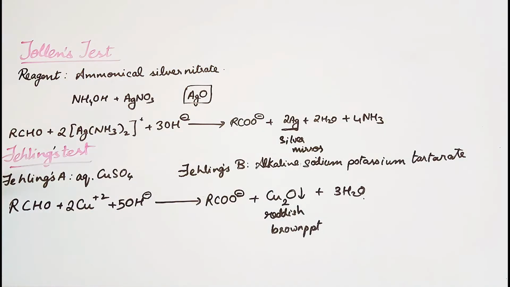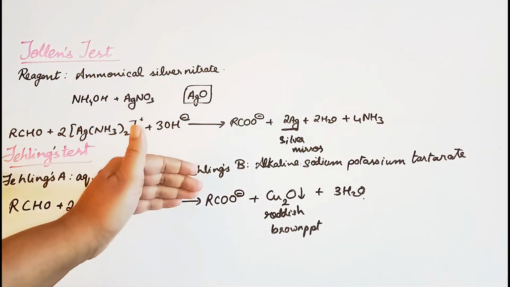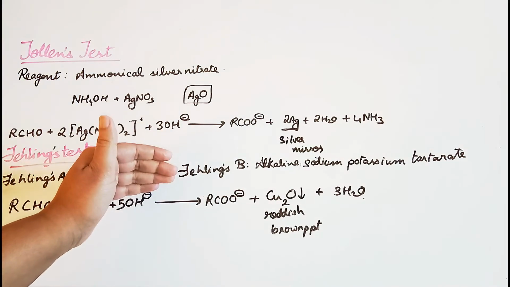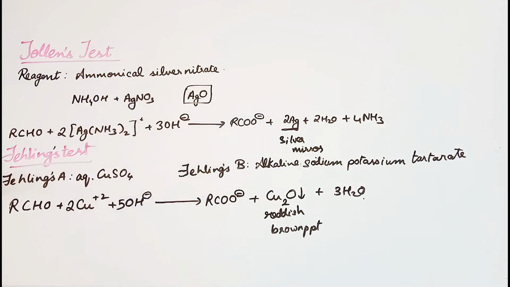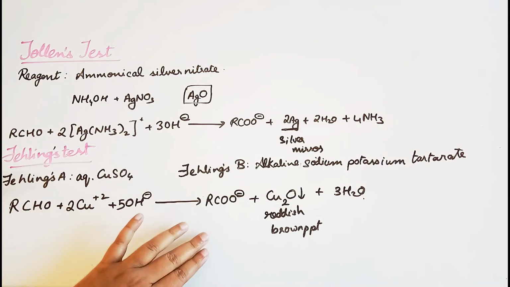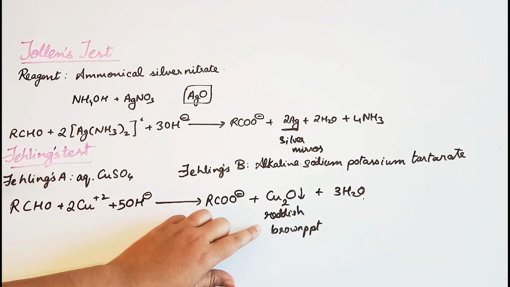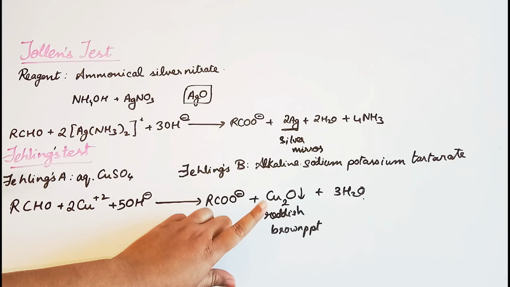Fehling's test consists of two solutions, Fehling solution A as well as Fehling solution B. Solution A is aqueous copper sulfate, whereas solution B is alkaline sodium potassium tartarate. Here also the aldehyde undergoes oxidation to give the corresponding carboxylate ion, but here there is a formation of cuprous oxide, which gives a reddish brown precipitate.